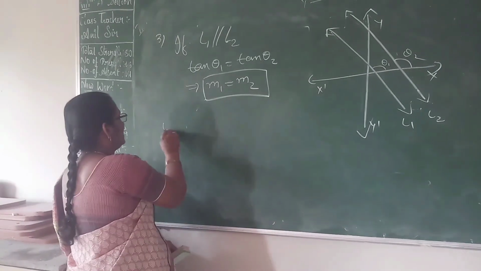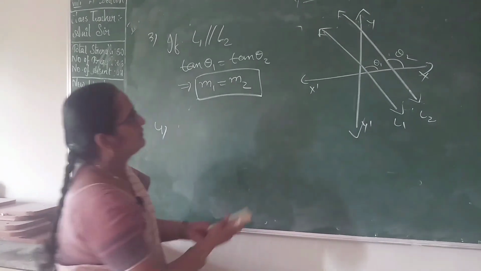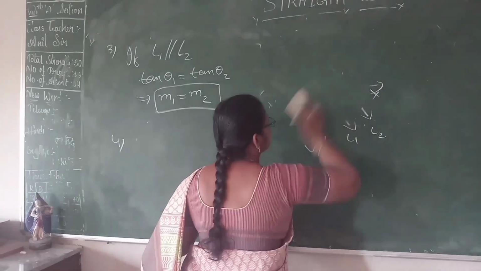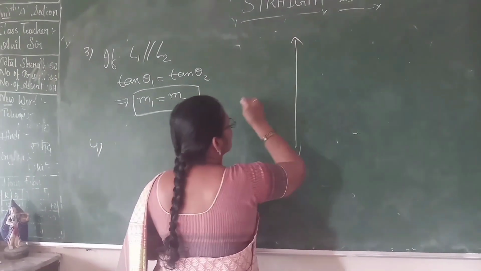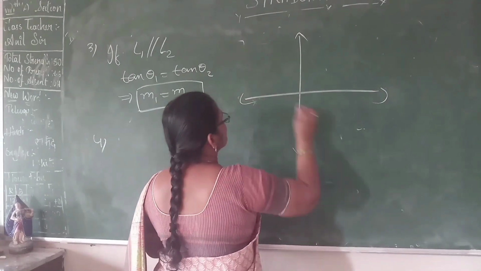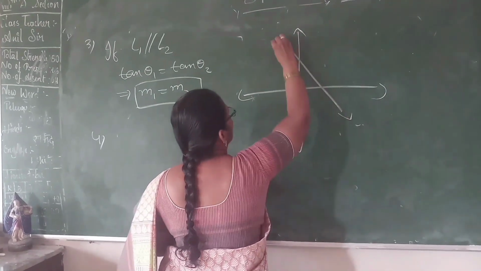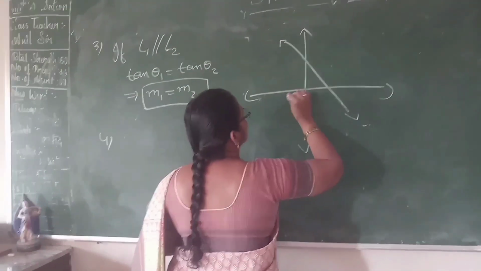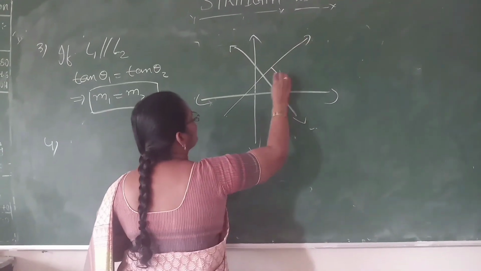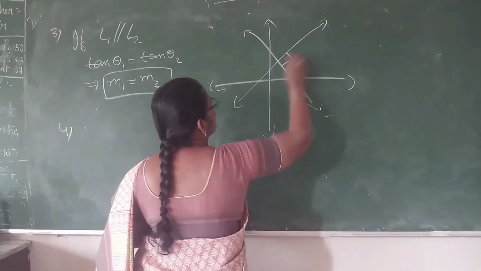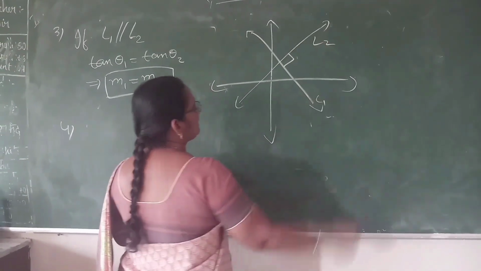Next, another point is there. Suppose one line is like this, another line is like this. Suppose this is L2 and this is L1.